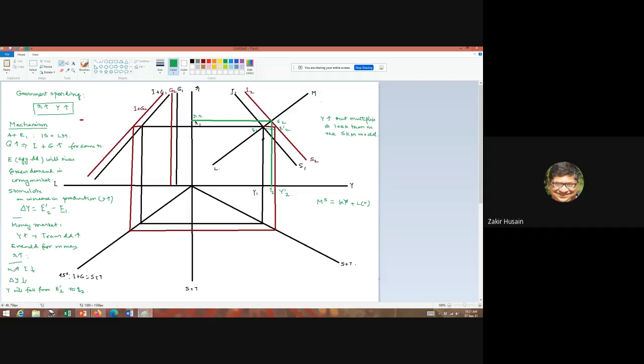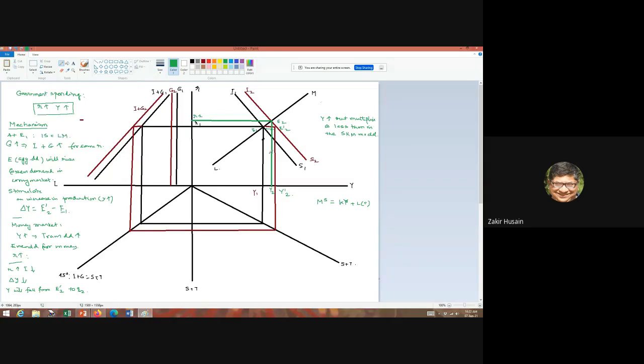Now we go back to the commodity market. R has gone up, so investment will decrease. You have the reverse multiplier effect. So your output falls from E prime to E2. Okay, so clear?